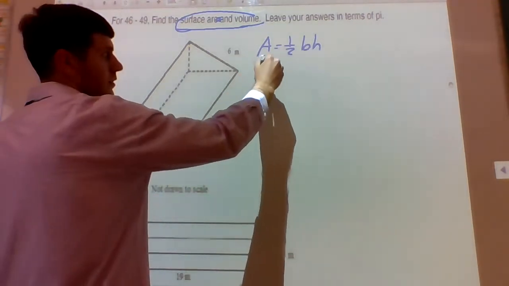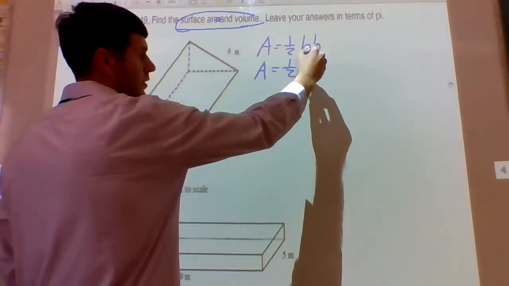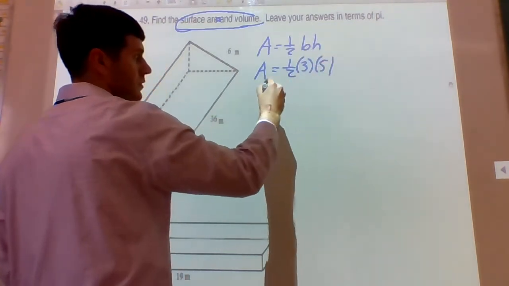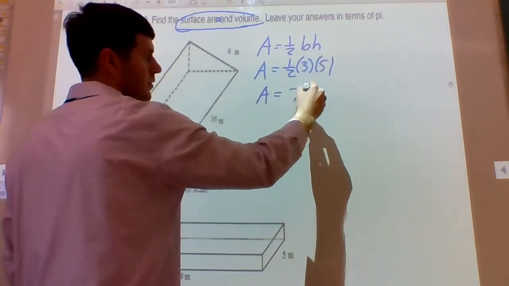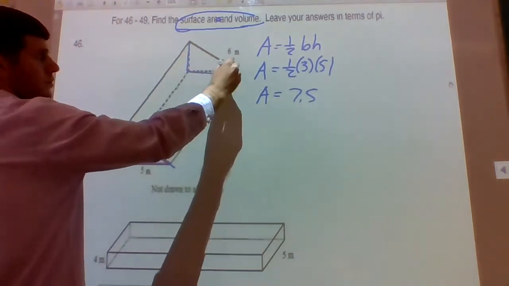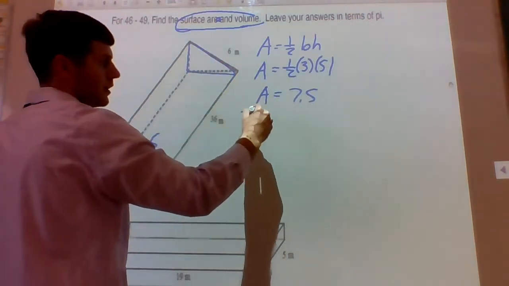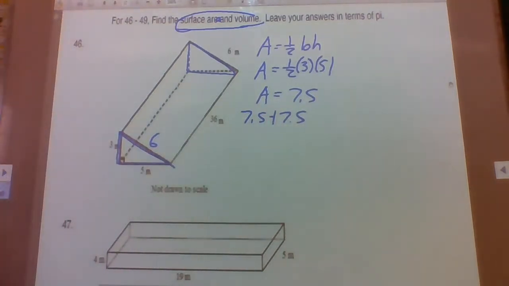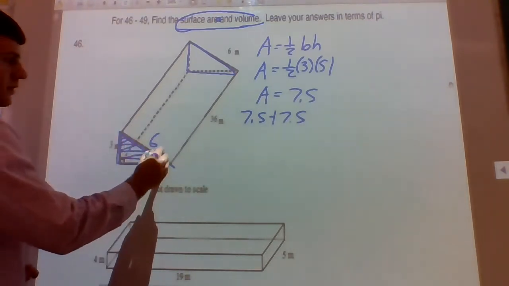So area is going to be 1/2 times 3 times 5, which is 7.5. That's going to be the same as this triangle up here. So that's going to be 7.5 plus 7.5. So that's the area of the 2 triangles on the end.